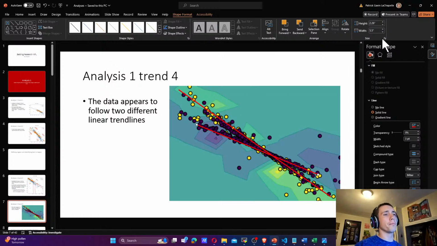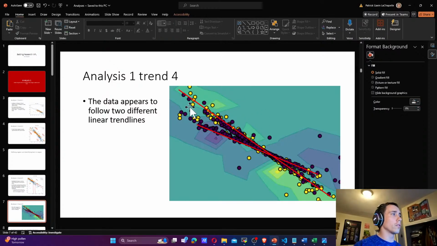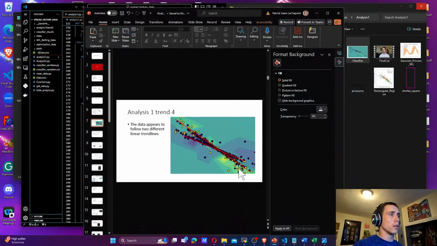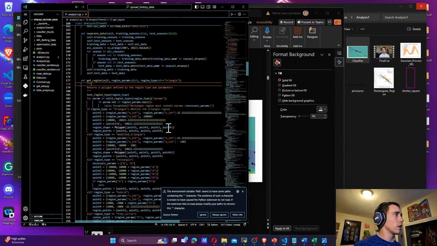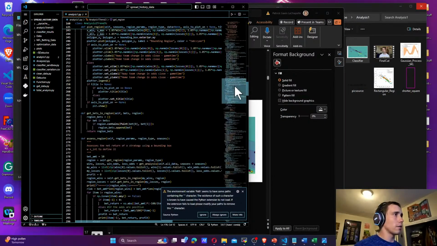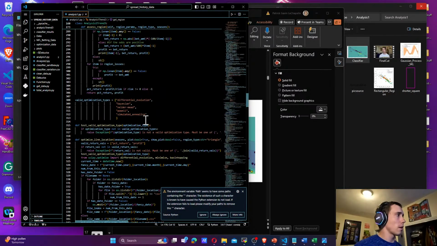Okay, cool. So those are the two different lines we're looking at. Now we've documented this so we know what we're talking about in here. So let's make a new class for analysis 1 trend 4.